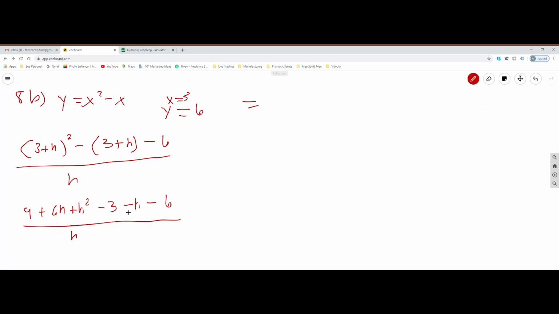So 9 minus 3 minus 6 is 0. 6h minus h is 5h. 5h plus h squared over h. Factor out h: 5 plus h. When you substitute h equal to 0, you get 5. So the slope is 5.